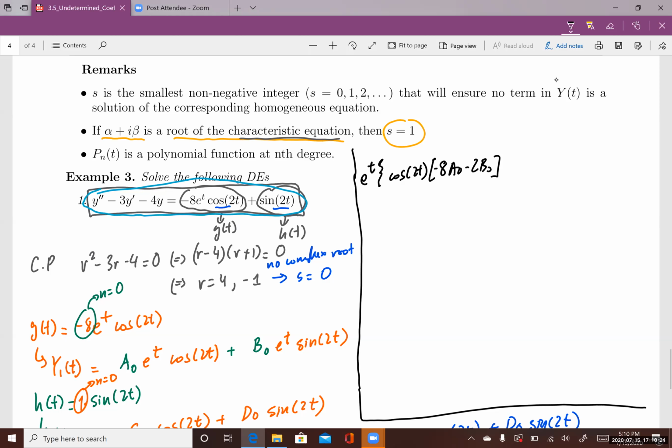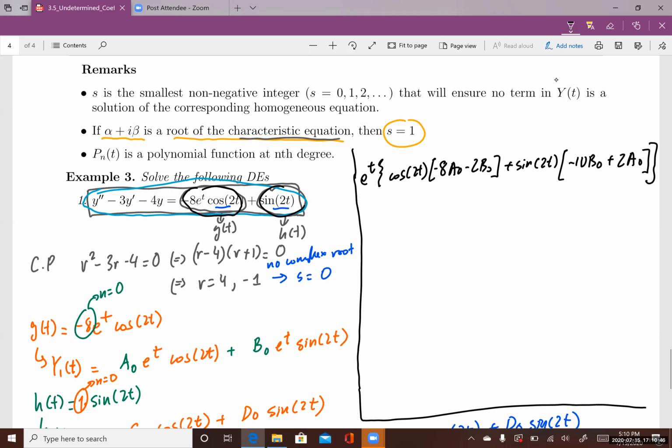Okay, and then you have the sine term, sine of 2t, multiplied by negative 10 b0 plus 2 a0. Okay, so this is the first term that involves e^t. And then the second term right here.